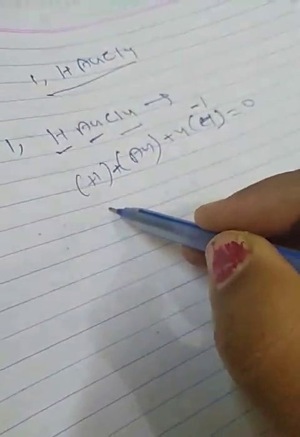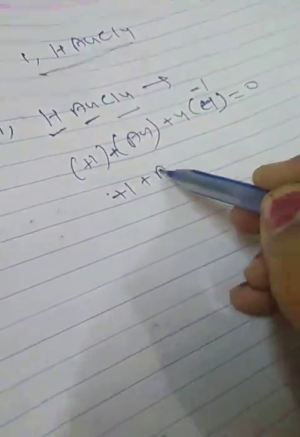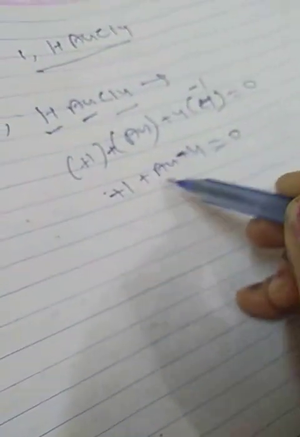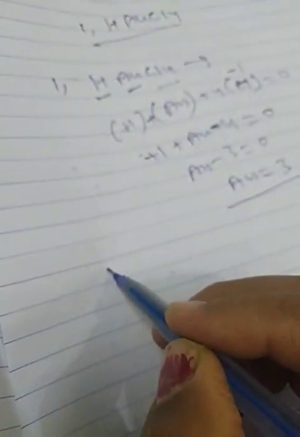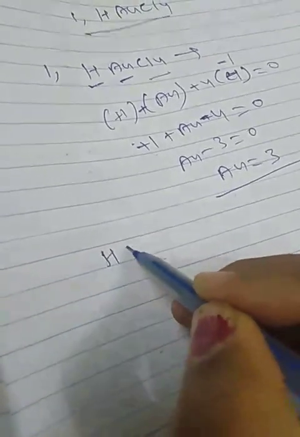So plus 1 plus Au minus 4, this is minus 4. So plus 1 minus 4 is minus 3, and the sum is equal to 0. So Au is equal to 3. In this way you have to find it, and you have to write the Stock notation like that.